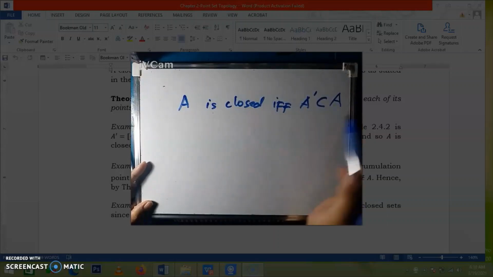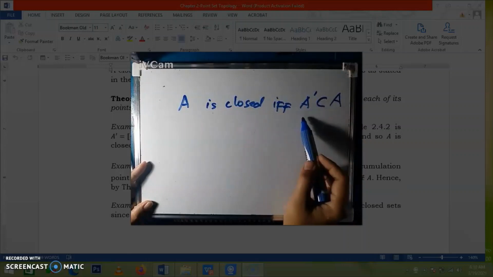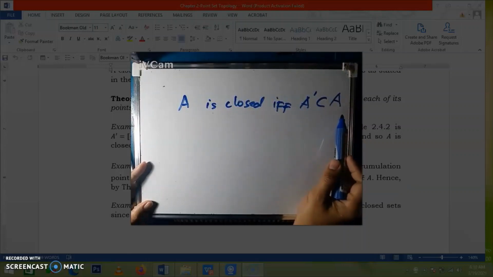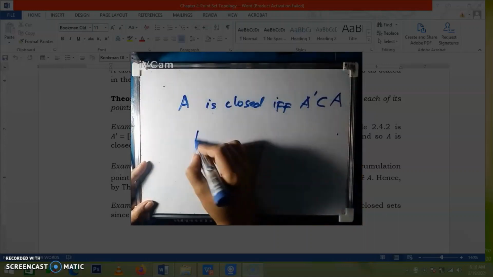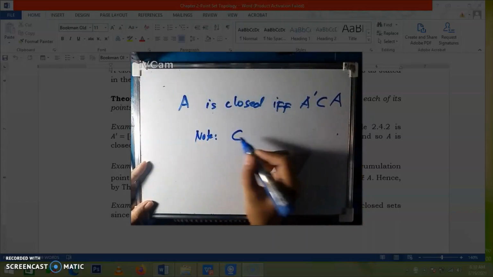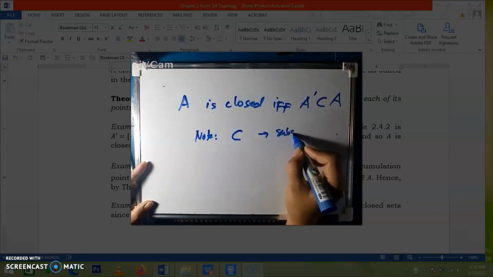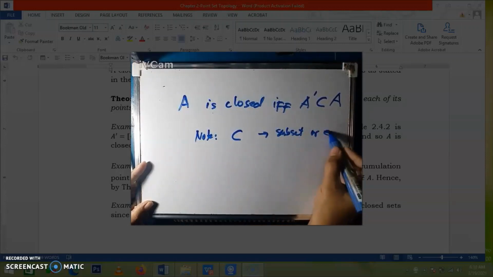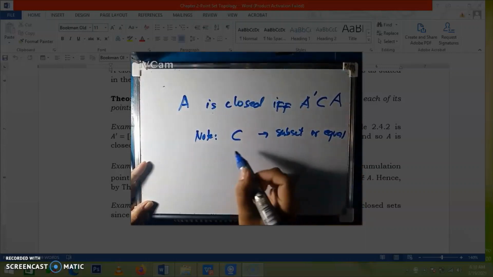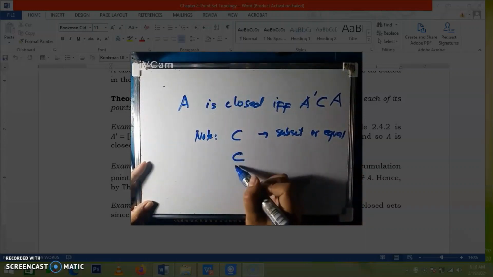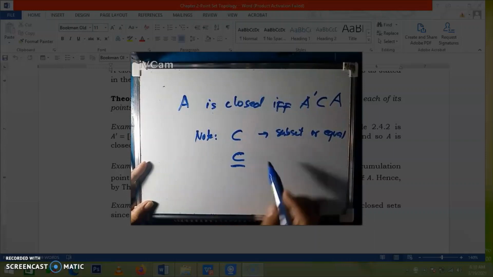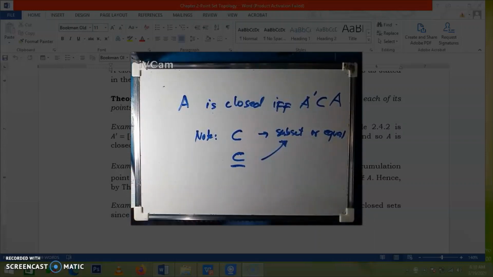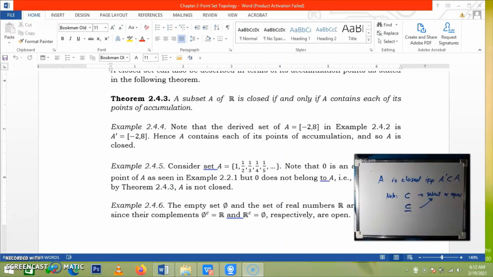It means the derived set of A is contained in the set A. Note that this notation means subset or equal. In other books, they use another notation for subset or equal, the same. In our discussion, we use this one as our notation for subset or equal.